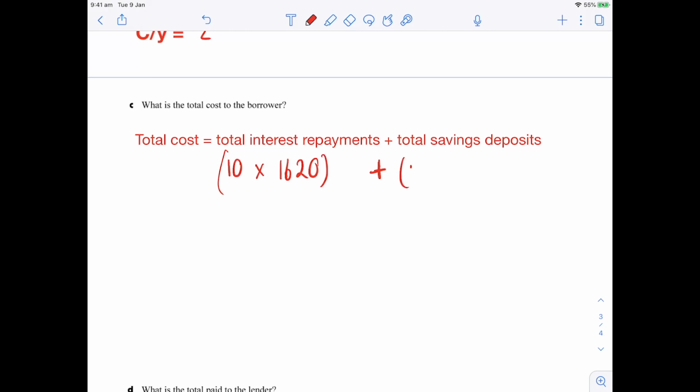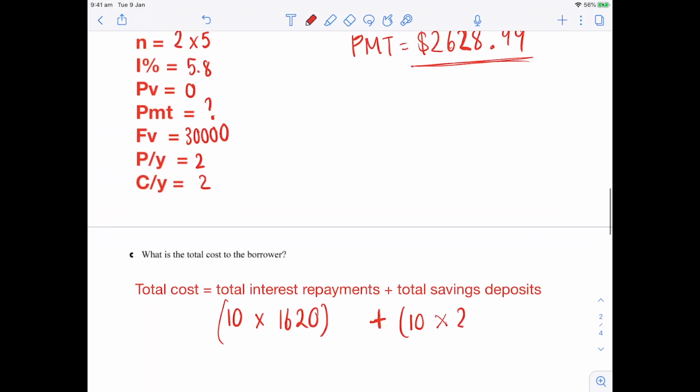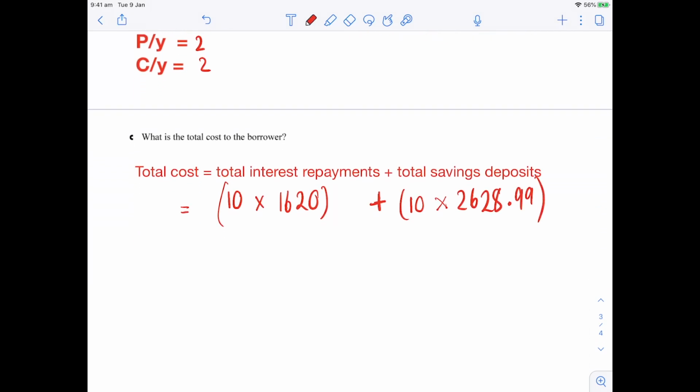So again, they would have made 10 deposits, and those amounts were 2,628.99. So when we add these together, the total cost comes out to be $42,489.90. So that's how much it cost John to borrow $30,000.